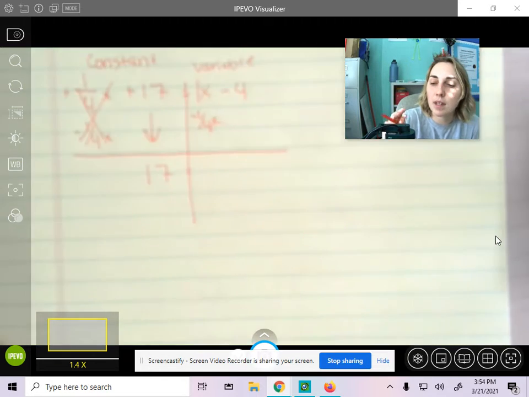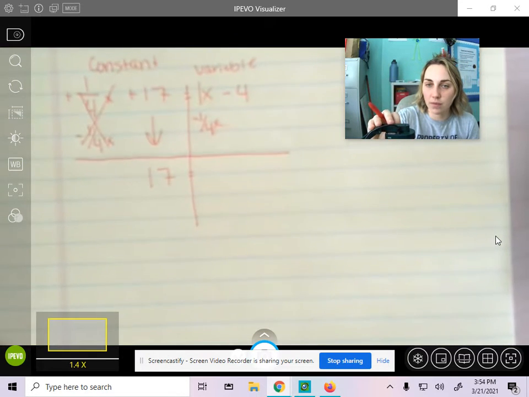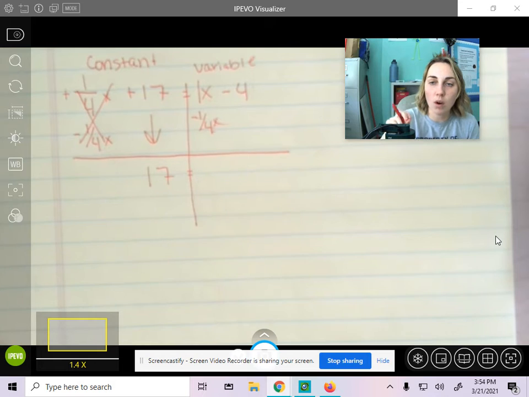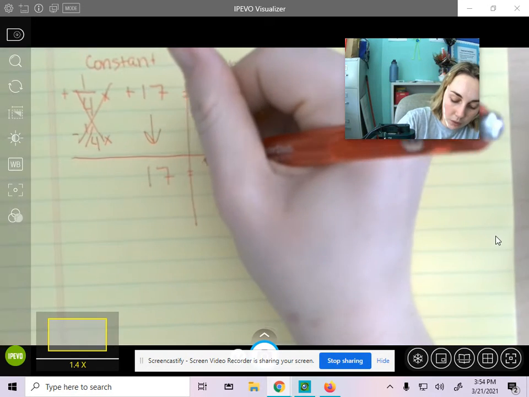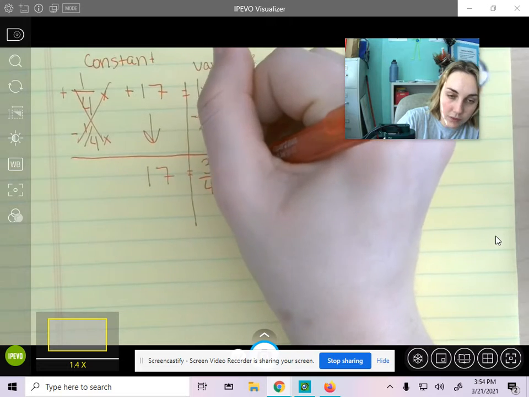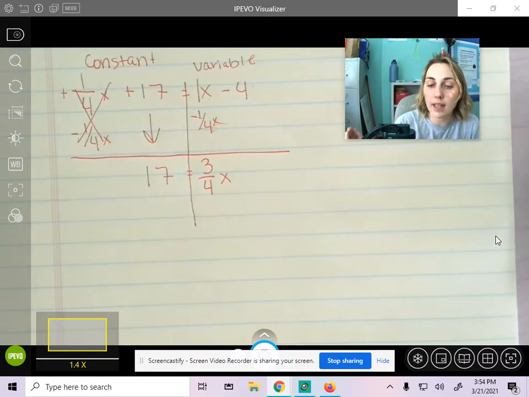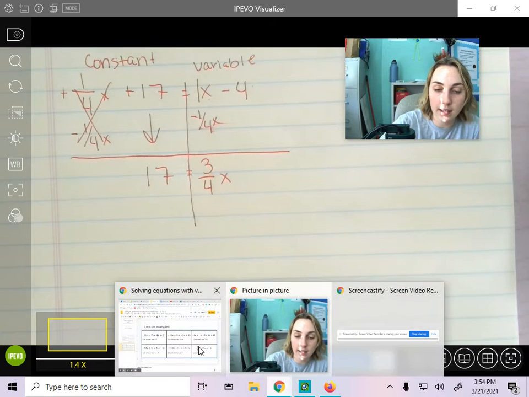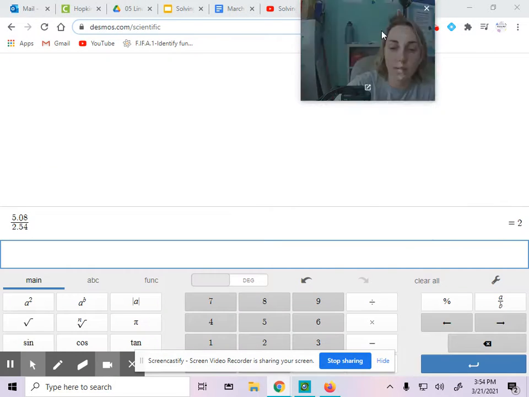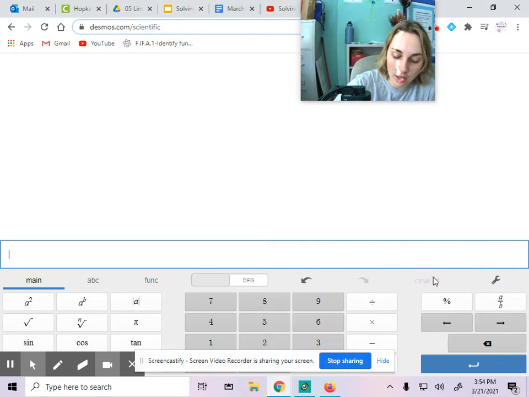And then 1 minus a 4th. 1 whole minus a 4th is going to give me 3/4 left over. If you don't know that, you can always use our handy dandy calculator and plug that in if you're not 100% sure and you want to check your work.